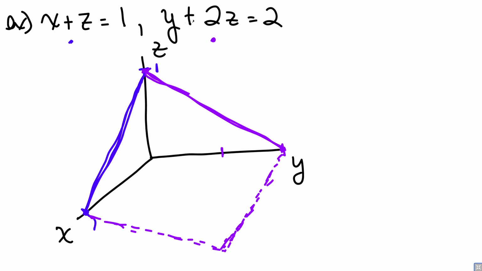And then you're going to have one more connector, from here all the way down to this other vertex. So basically what you have is kind of this pyramid shape that we're trying to find the volume of. Okay? Any questions?